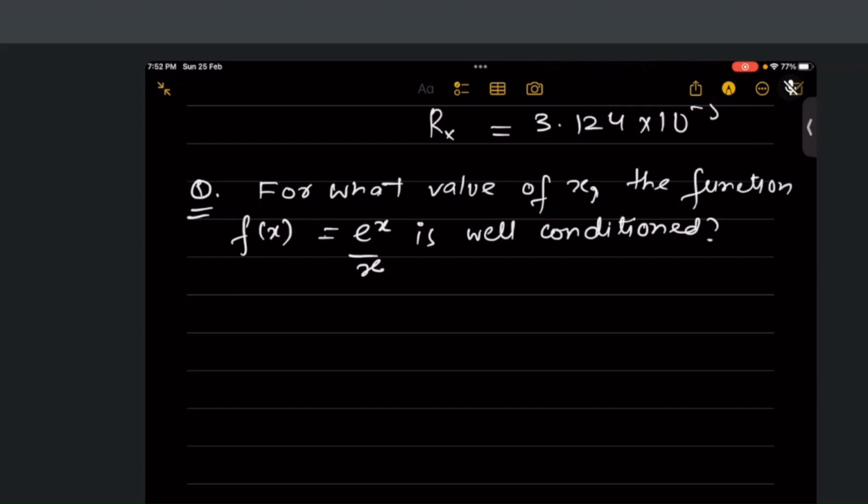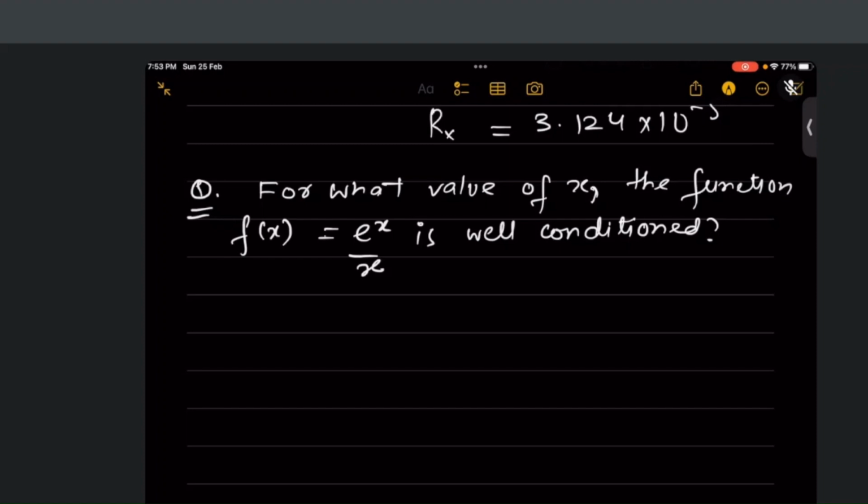If variation in x doesn't affect f of x, if f of x is not blowing up, then it's a well-conditioned problem. But if a small variation in x creates large variations in f of x, then it is weakly conditioned, ill-conditioned. That is the concept of condition numbers. Basically, it deals with input and output. Practically thinking, you have a system, you give it an input, and it gives you an output.